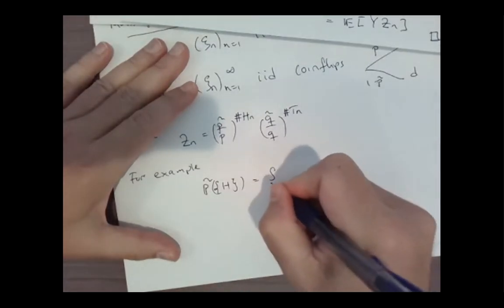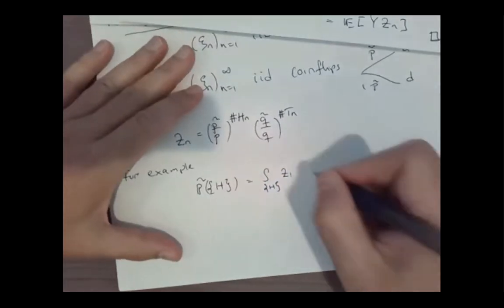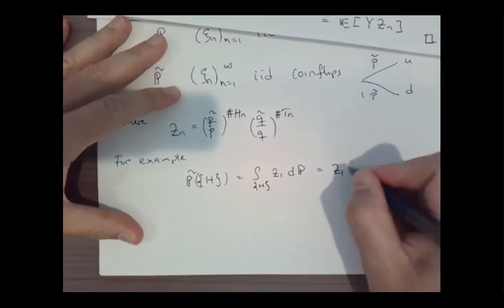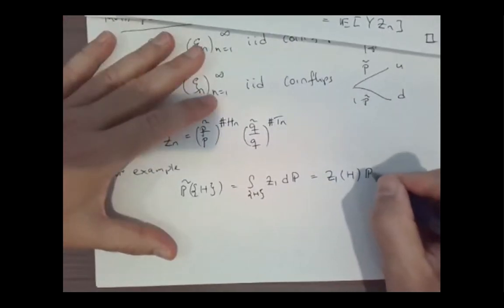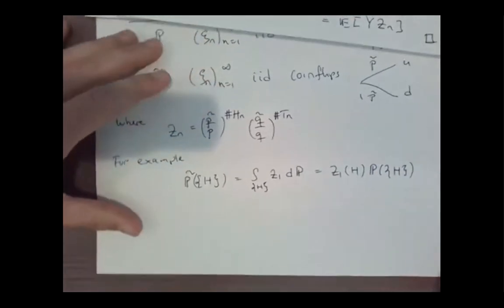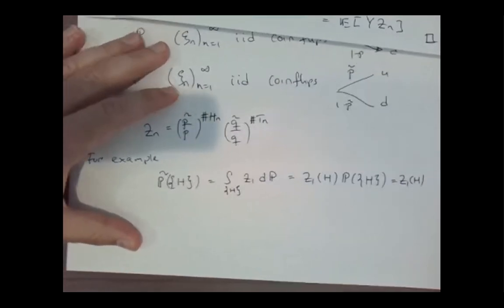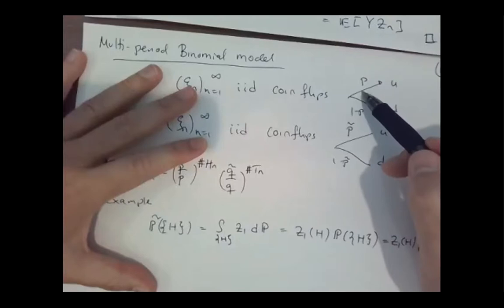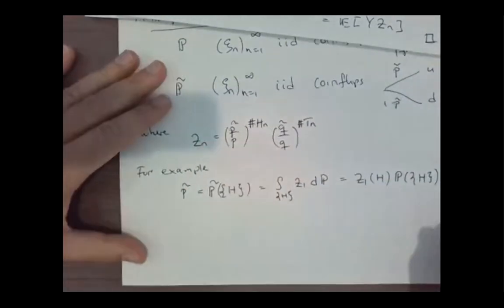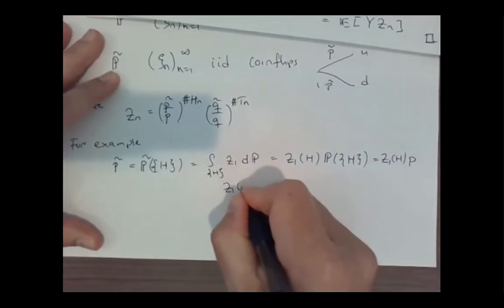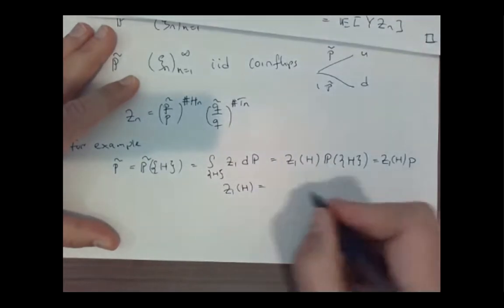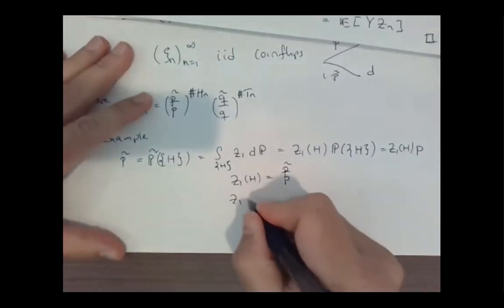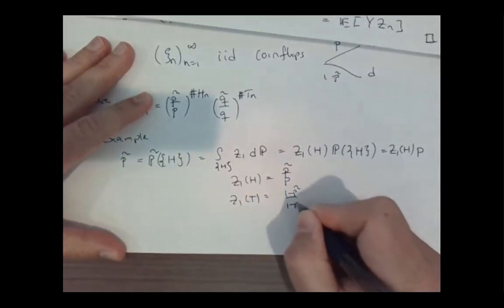I'll get that by integrating heads of Z1 with respect to P. So this here would be Z1 at heads times P of heads, and this one here would be P tilde. So we get that Z1, if the first coin flip is heads, is going to be P tilde divided by P. And likewise, Z1 of tails will be 1 minus P tilde divided by 1 minus P.